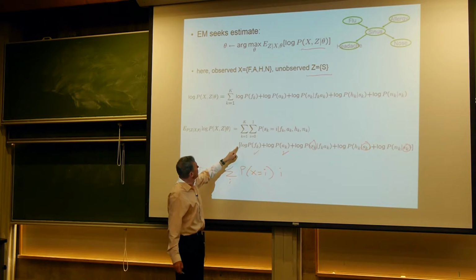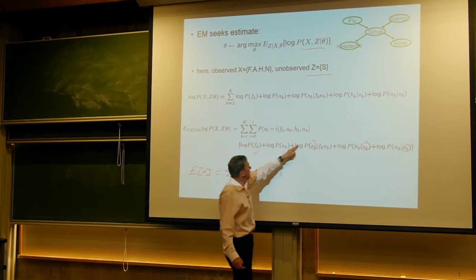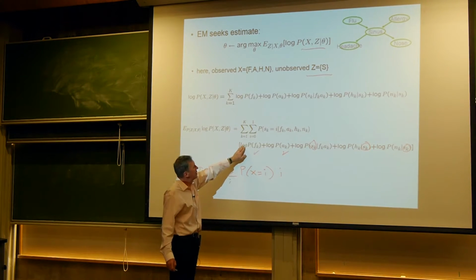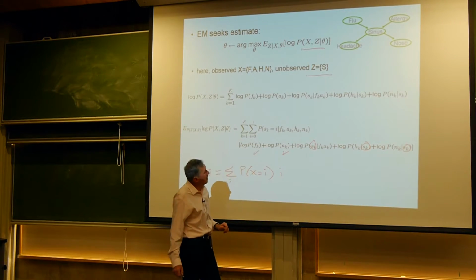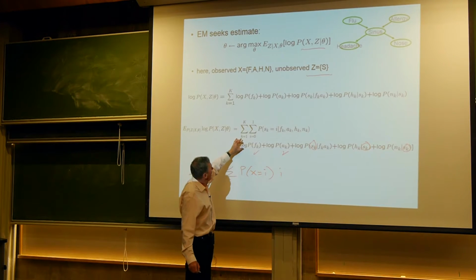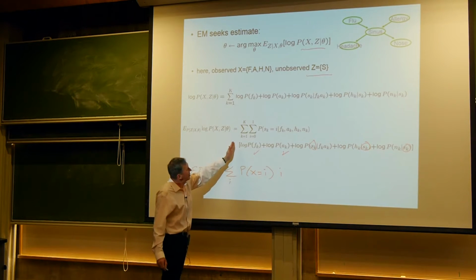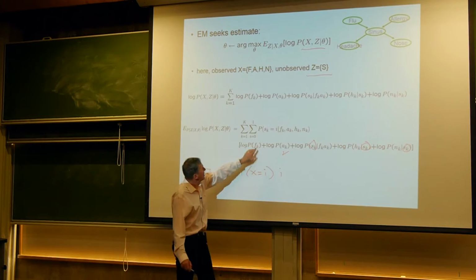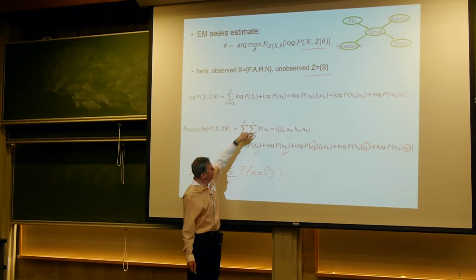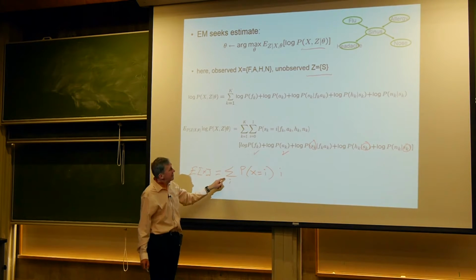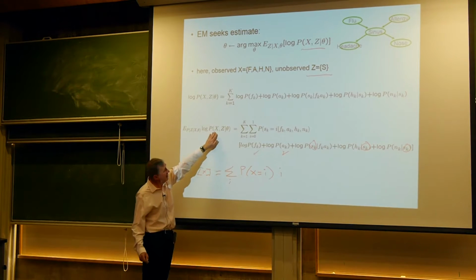And that's just the log of the joint probability of the joint assignment F, A, H, and N. But now, since I can't observe SK, I have to take the expected value of this quantity by summing over the probability that SK takes on the value 0 or 1, just like here. So here is this whole quantity whose expected value we want to get.